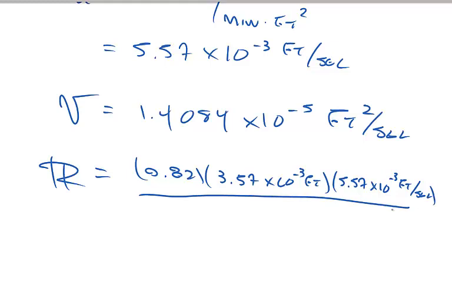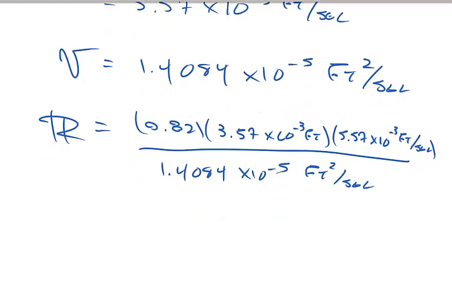All this divided by our viscosity, 1.4084 times 10 to the minus 5 feet squared per second. And this comes out to be about 1.157.